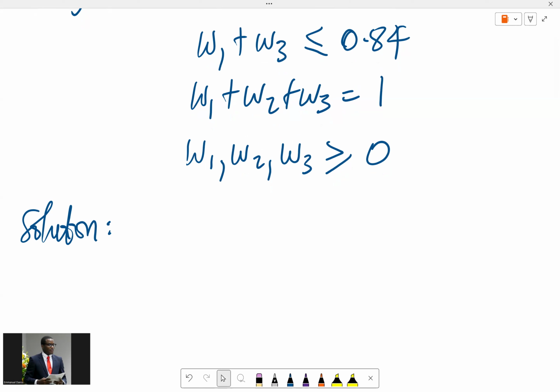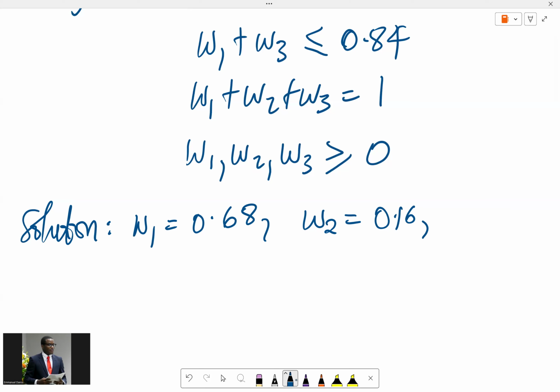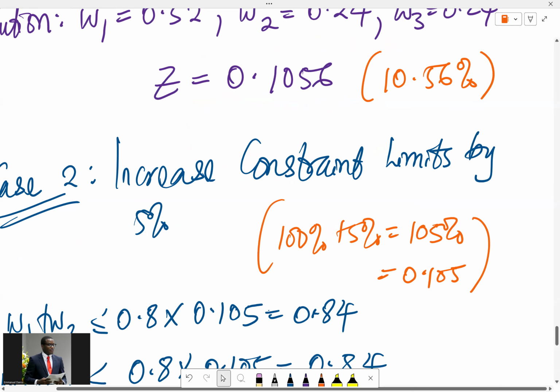So here the solution would be W1 equals 0.8 and W2 is 0.16, while W3 is also 0.16. For some interesting reason, W2 and W3 always take the same proportion.